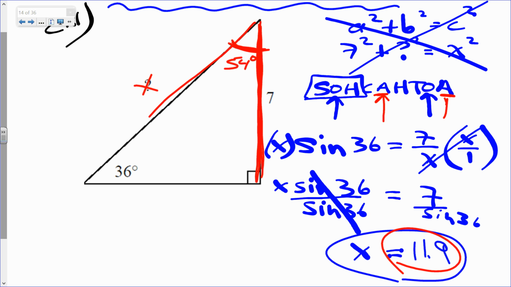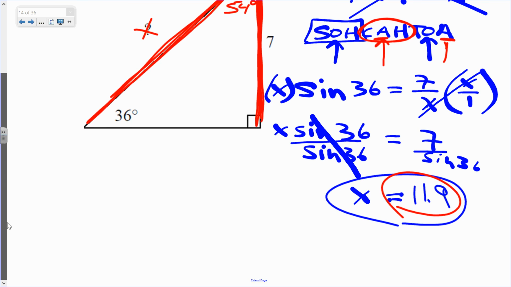Side x is the hypotenuse. So if I use the 54-degree angle, I'm dealing with the adjacent and the hypotenuse. What ratio deals with adjacent and hypotenuse? The cosine. So if I'm going to use the 54-degree angle, I'm going to use the cosine.